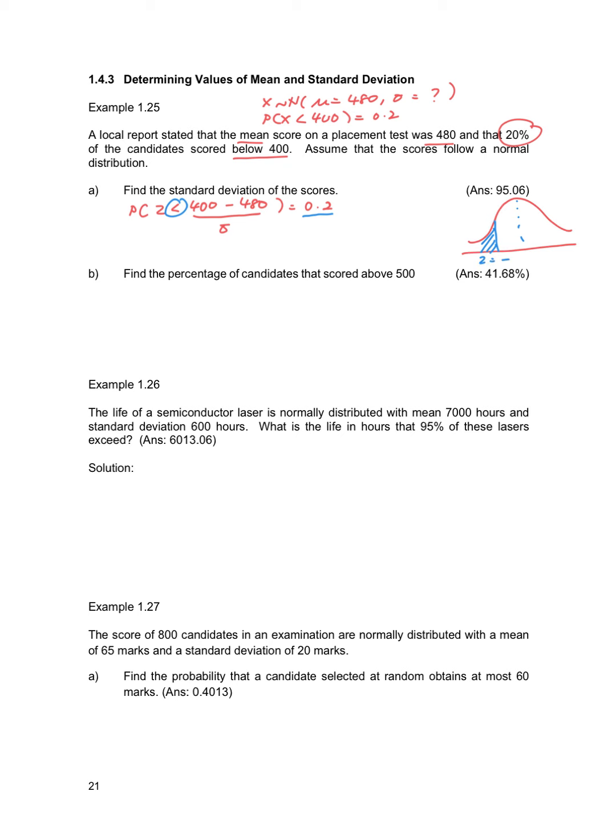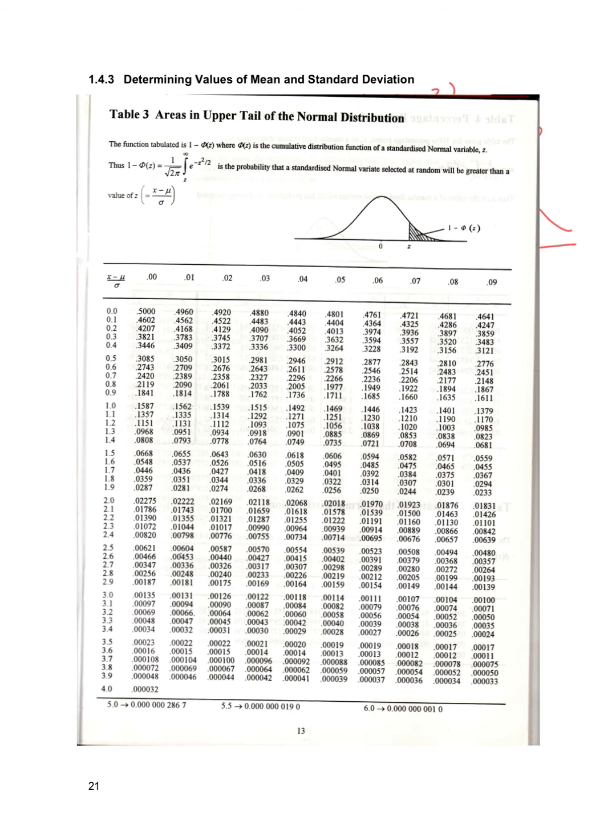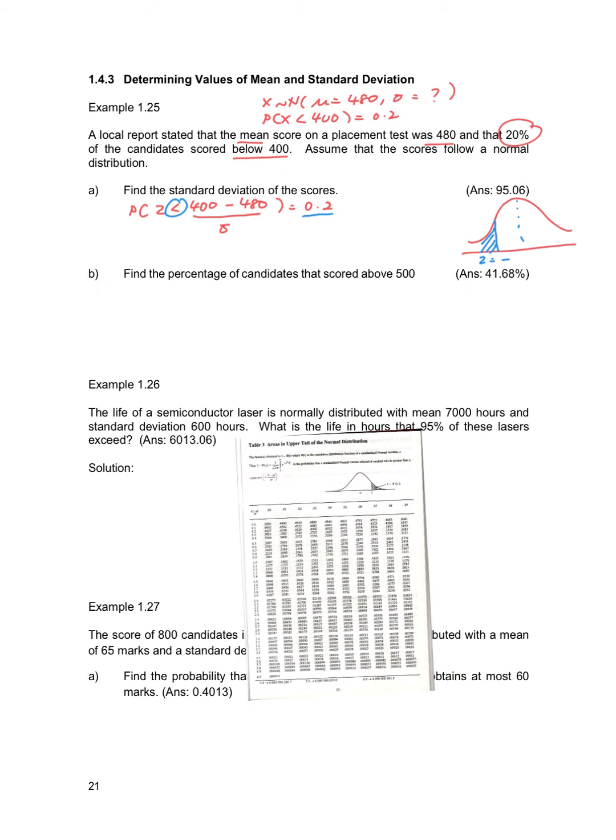Okay, negative berapa? Kita akan tengok table. Okay, so find 0.2 dekat dalam. So 0.2 is here. So meaning that our Z is 0.84. And don't forget to put negative sign. So this one is negative 0.84.